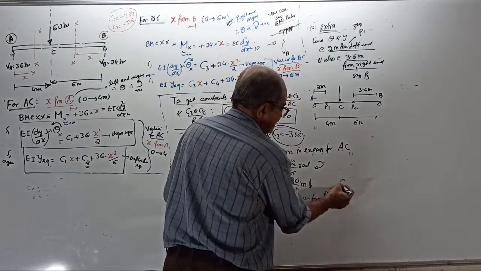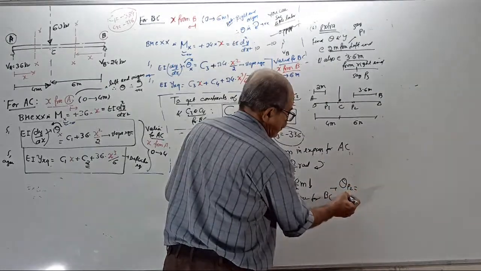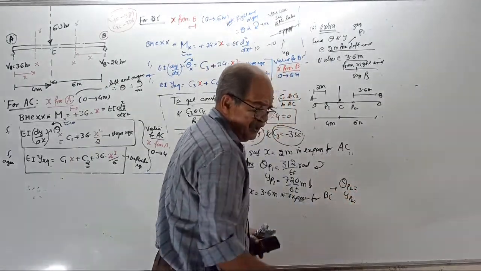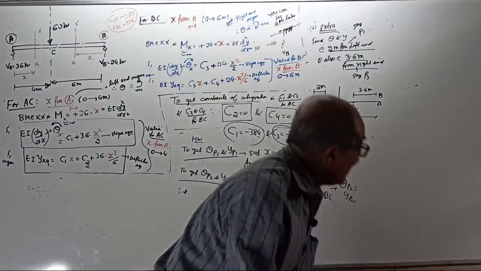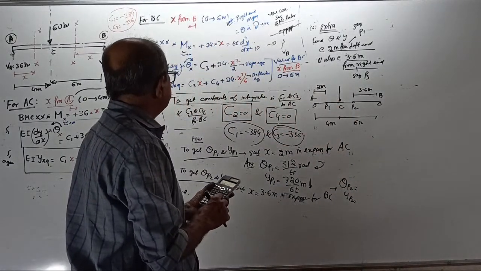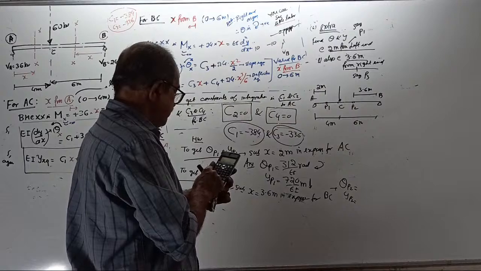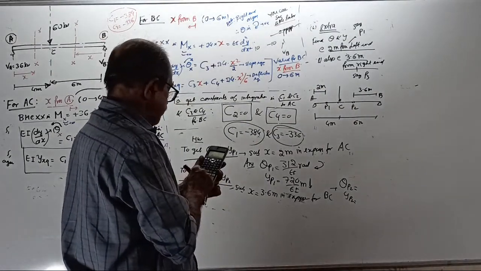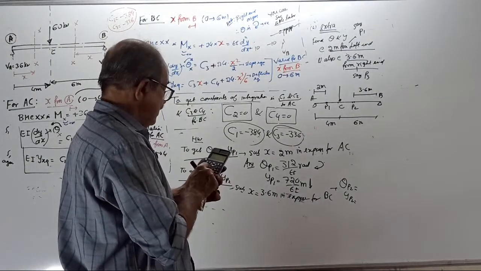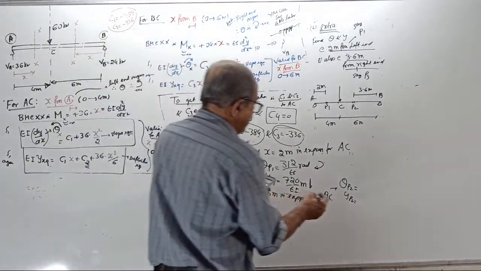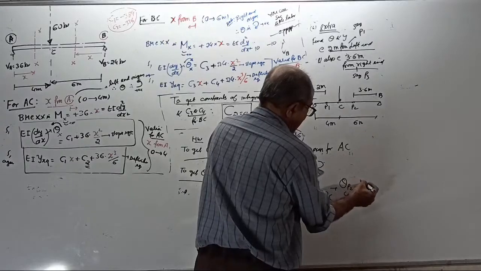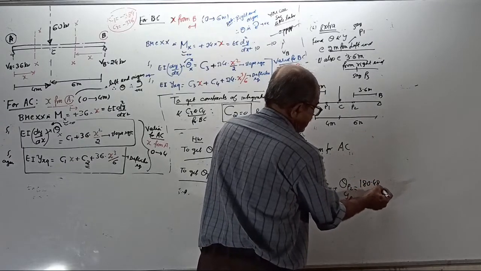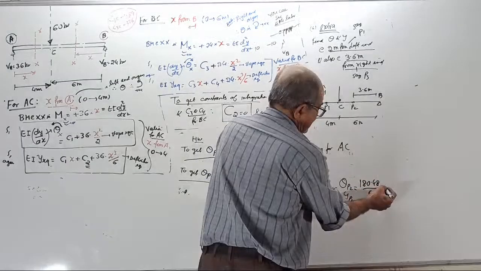So the answer is theta P2 and yP2, all of you correctly solve and get the answer. This is how you get the practice. C3 minus 336 plus reaction is 24 into 3.6 square divided by 2. Slope will come 180.48 by EI radian.